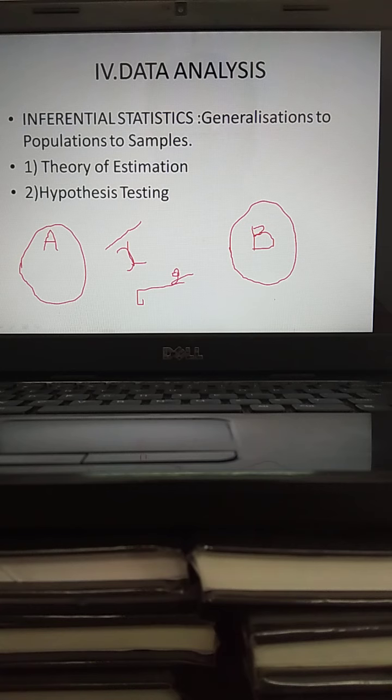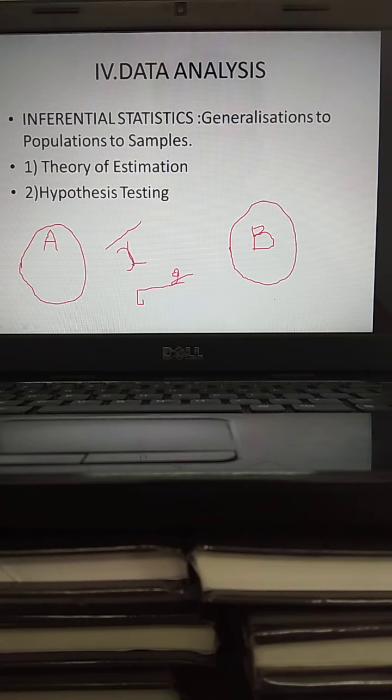You apply the theory of estimation when you want to understand the unknown population. You apply the testing of hypothesis when some information is already known about the population, and you identify whether that information is correct or not.